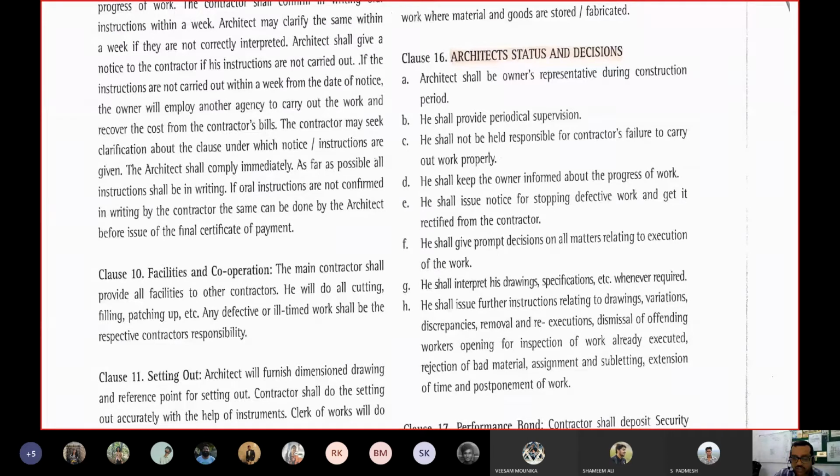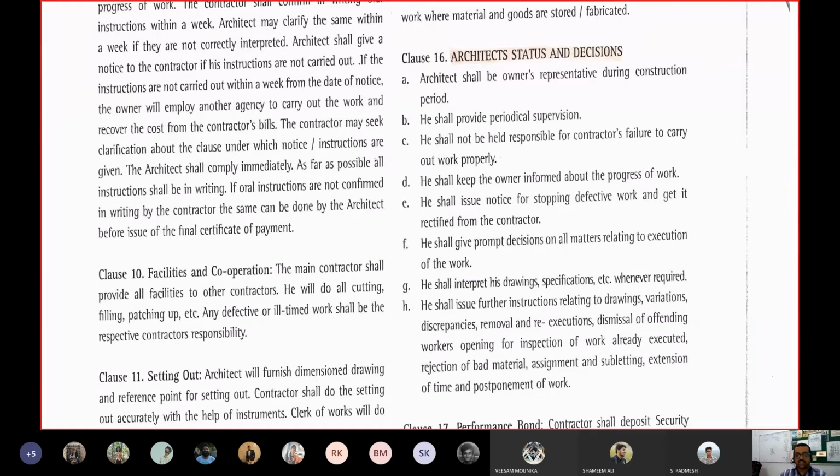So as and when required, the architect will interpret his drawing or specification. A very common example is something like, you in your office design or draft in millimeter or MKS units. So if required at your site, you have to interpret the drawing in FPS units, foot. So all dimensions from millimeter or meter are converted to feet and inches.